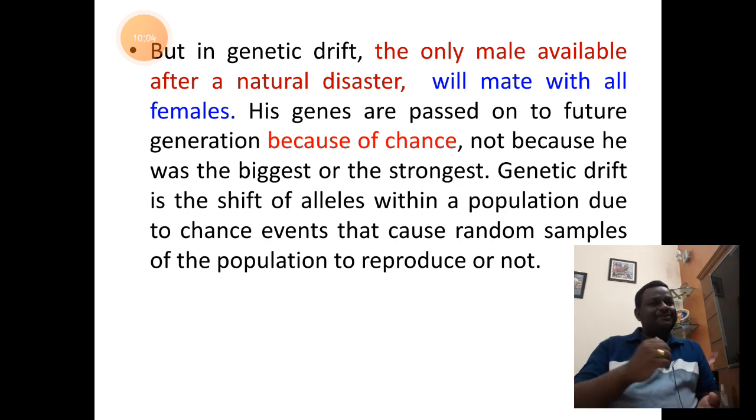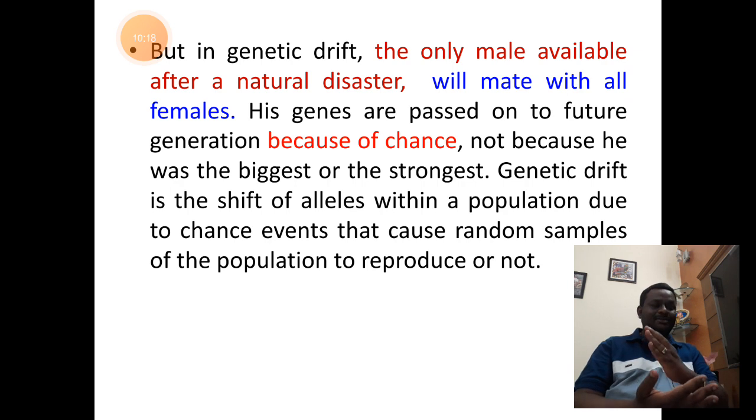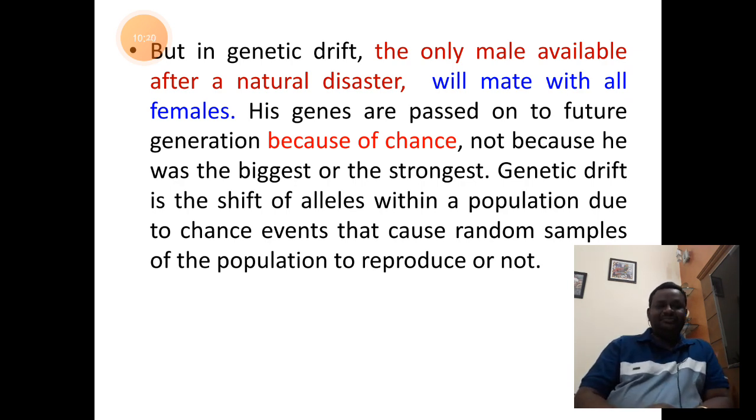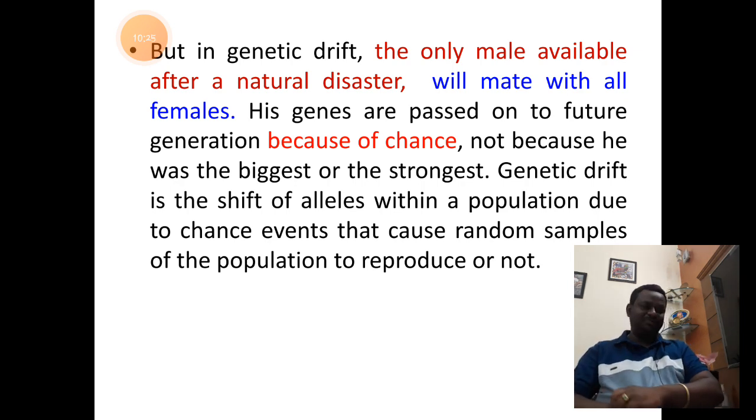So in genetic drift, what happens is that there occurs a natural disaster like a forest fire or hunting or earthquake, any of these chances in which the strongest gorilla dies or is killed. The strong gorilla of the troop is killed now.